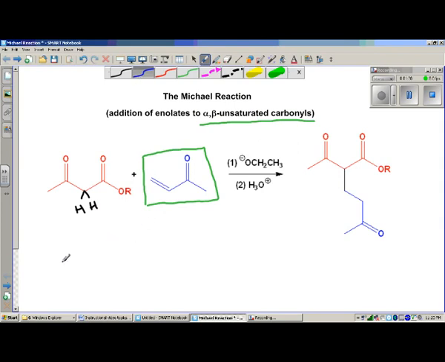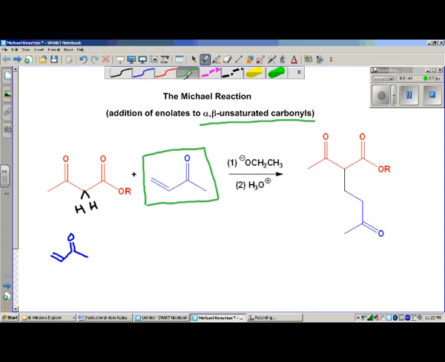Let me draw out this alpha-beta unsaturated carbonyl. And this carbonyl, it could be an ester, it could be an aldehyde, it could be a ketone, it could even be a nitrile. As long as you have this conjugated double, single, double system, or even double, single, triple if it was a nitrile, that's all you need.